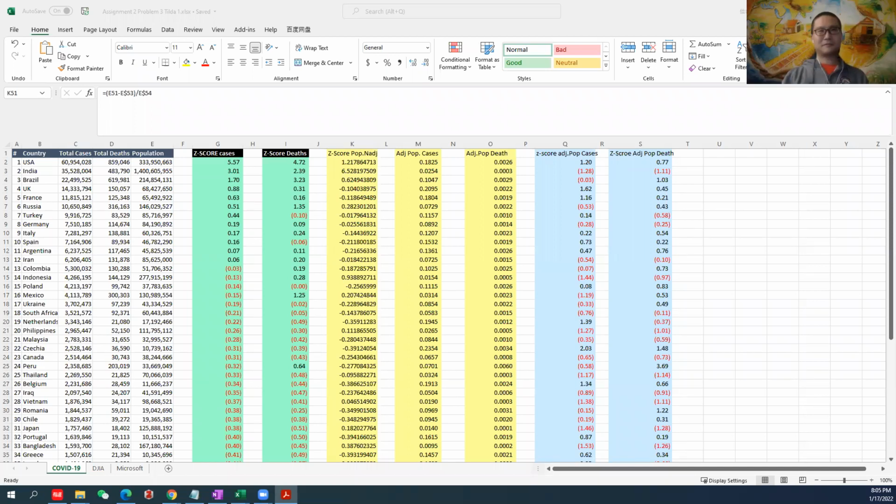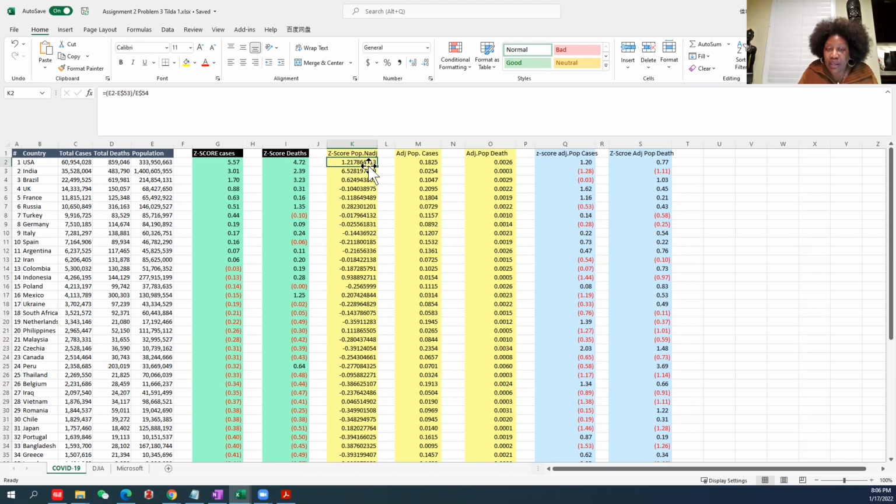Which scores are you referring to? Sorry, I'm looking at question 3, the column under column K. I cannot see which column you're pointing to, you need to let me know. Okay, I'm looking at column K. That is the score that I calculated.